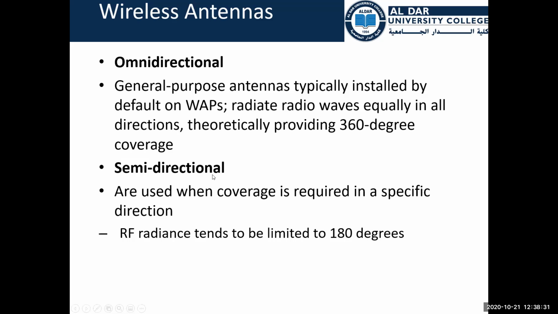Semi-directional is the same thing. It covers the direction in front of the access point, but the back is a very weak signal. The front is a very strong signal. So this is 100-degree coverage. 180, sorry, 180-degree coverage.